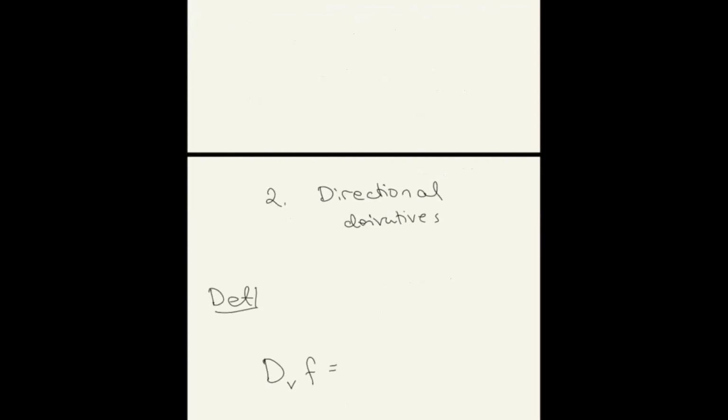Okay, well, now the second way of going is that we have our point. We don't restrict just going along the coordinate directions, but we go along other directions, in the direction of some v. So we define directional derivatives.